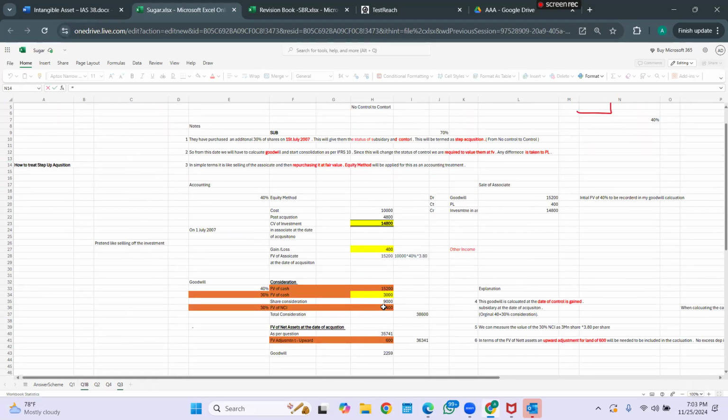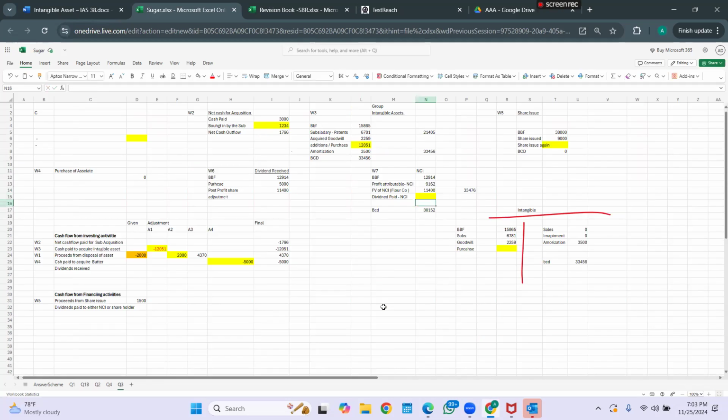FLACO's fair value of NCI was 11,400. Again, this balance brought forward is not related to FLACO. These are some other previous investments where you hold NCI. But this particular amount is related to FLACO because we had to calculate the fair value of NCI in our exhibit number 1.